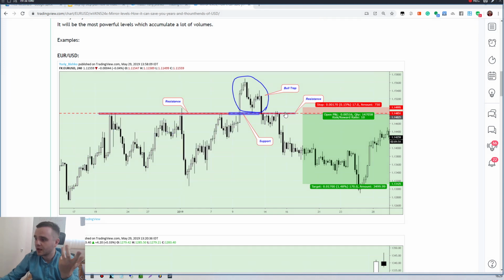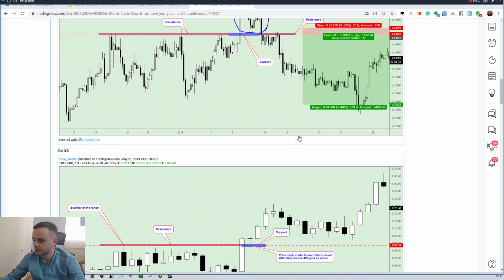That's why this type of level is built on energy. Why is it low risk? Because when you have an accurate mirror level, you will have a stop loss of 20-30 pips, and you will be able to open an entry with 150-200 points of potential profit. That's why.